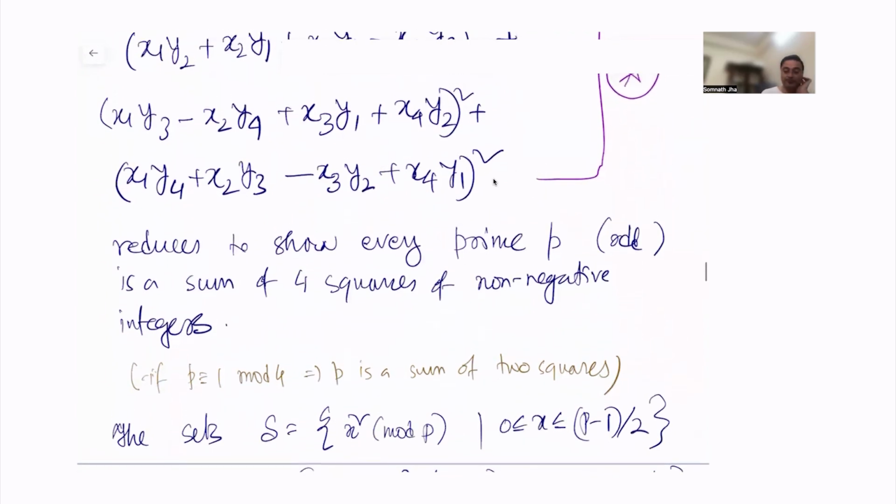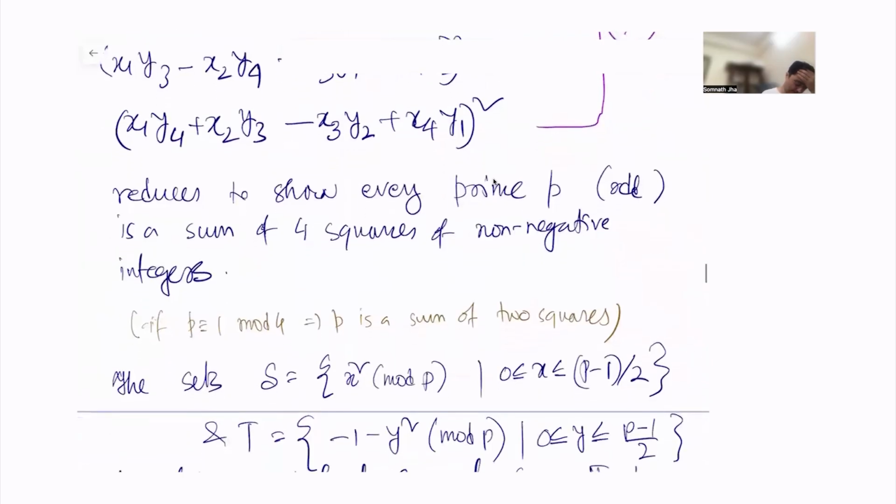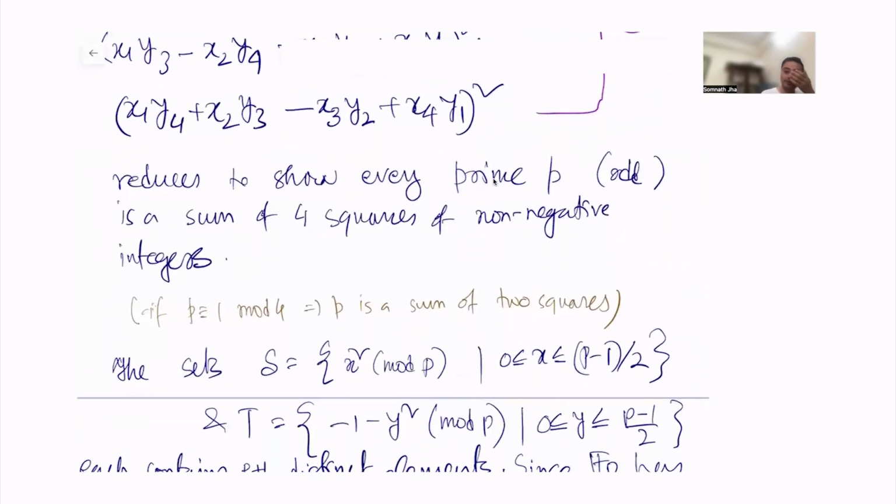For p, first you show a multiple of p is a sum of four squares, and that is done by square counting. So you consider the set F equal to x square mod p, where x varies from 0 to (p minus 1)/2. So there are (p plus 1)/2 elements, and these are all distinct. So these elements x square mod p will be distinct. Check that.